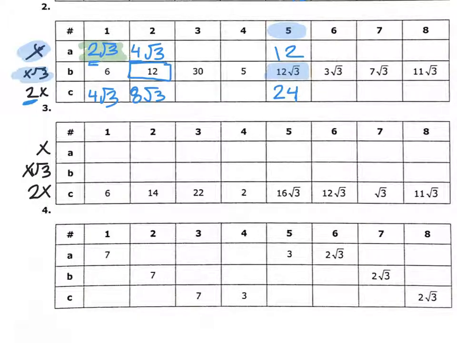And we're going to start out by finding the x. 6 is 2x, which means x, got to divide by 2, gives me 3. And then my b value, my long leg, would be 3 square root of 3.